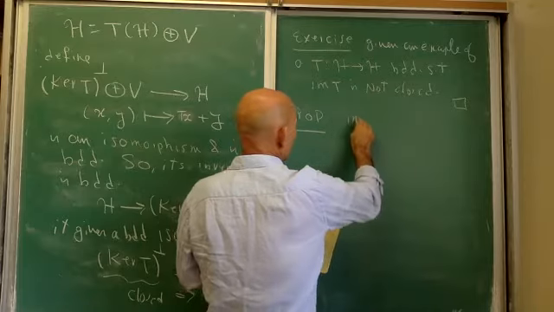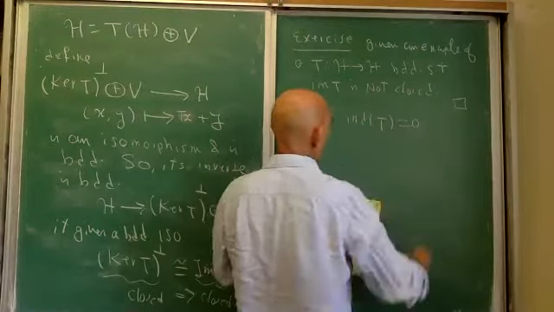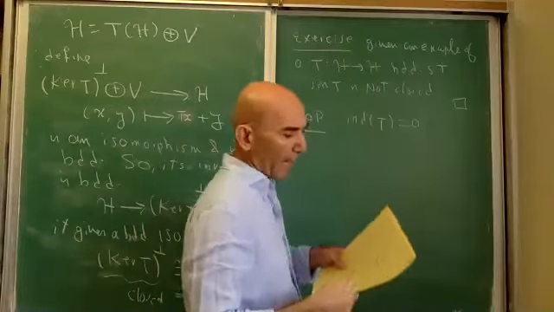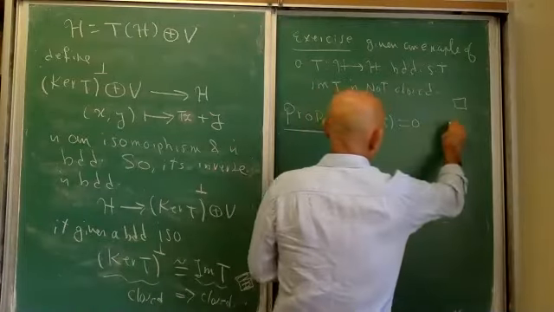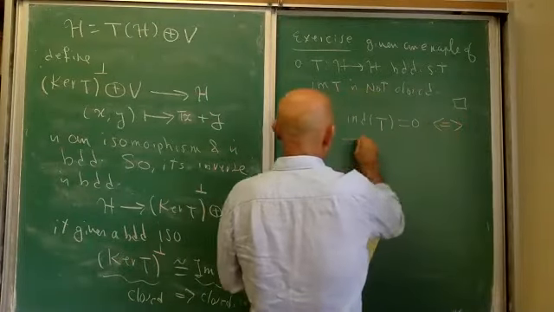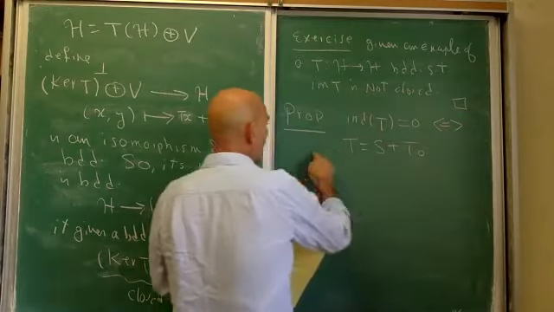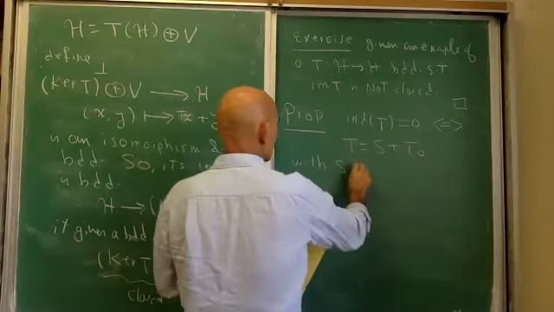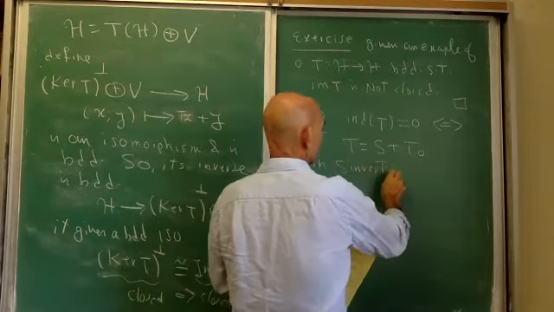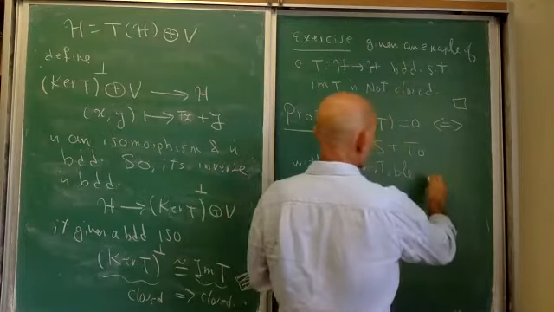The index of T is equal to 0. So I should say T is Fredholm and its index is equal to 0 if and only if T is equal to S plus T0 with S invertible and T0 compact.